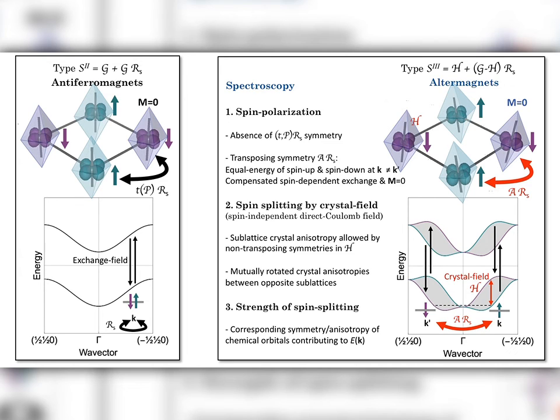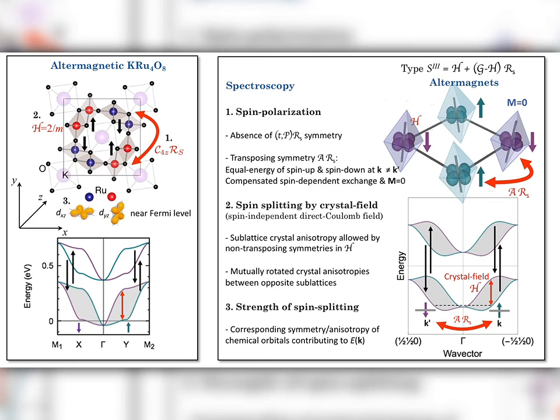So here is a specific materials realization of altermagnetism: potassium ruthenium oxide. And what you see is exactly the properties required for a large spin splitting. We have locally anisotropic crystal environments of these ruthenium atoms surrounded by the oxygens, and so it's a strongly uniaxially distorted local environment.